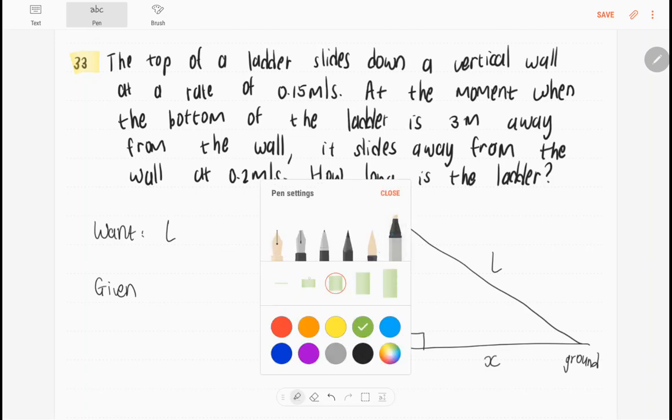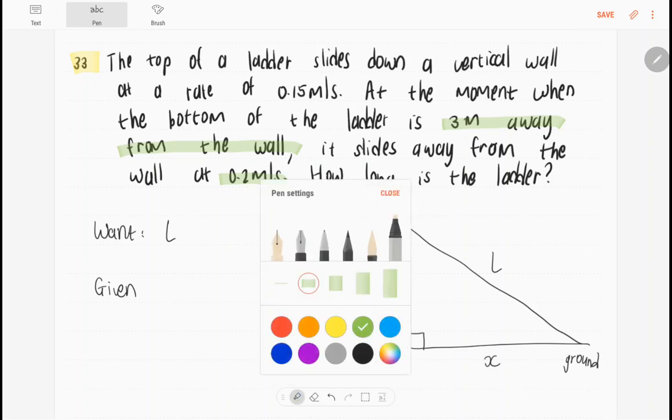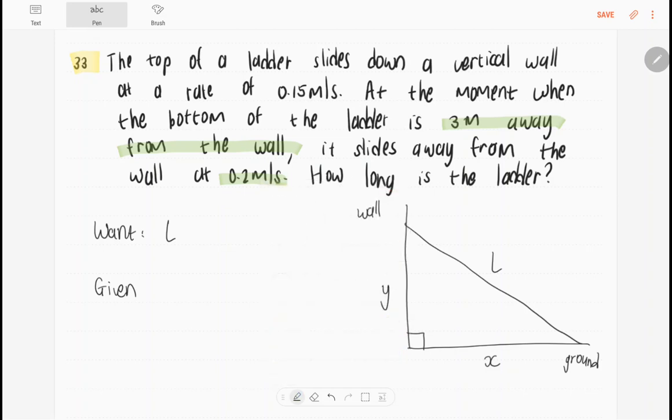Next, let's look at what we are given. They tell us that at the moment when the bottom of the ladder is 3 meters away from the wall, it slides away from the wall at 0.2 meters per second. So what that means is that dx/dt is 0.2 meters per second when x equals 3 meters. That's the first thing.